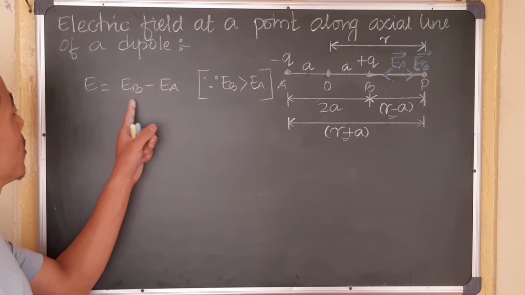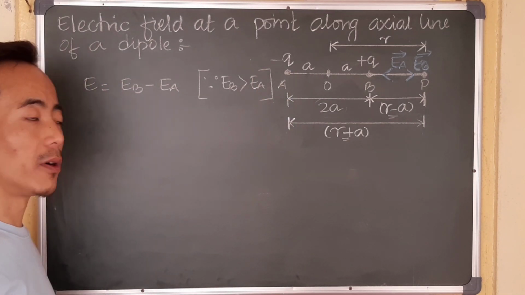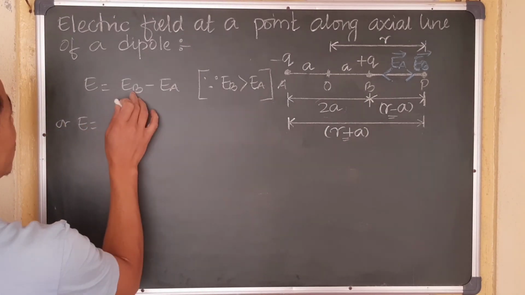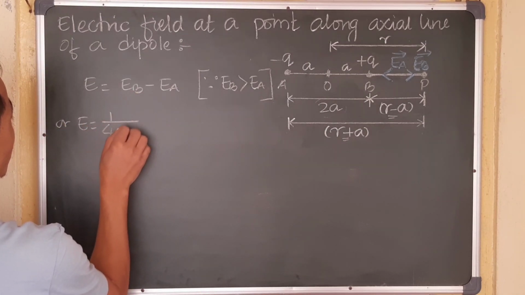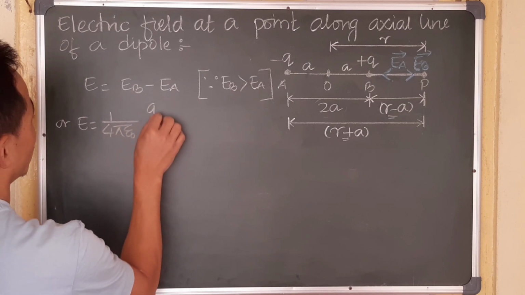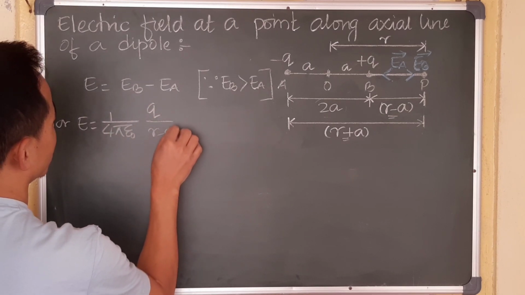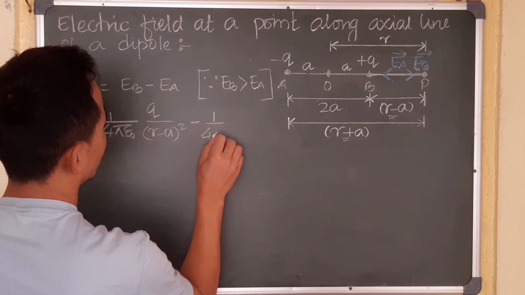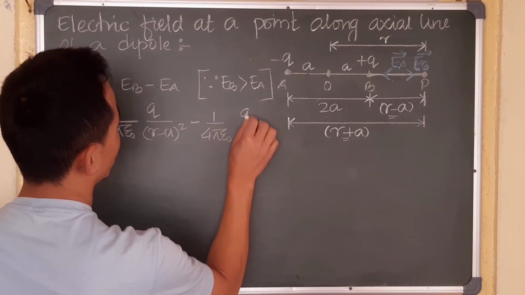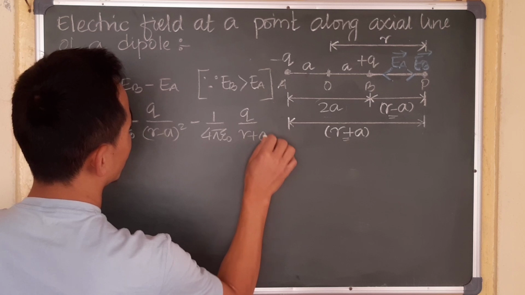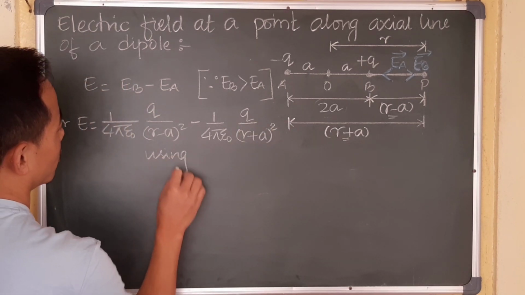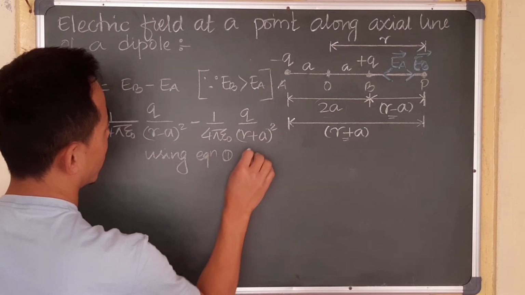Now we can replace the values of EB and EA from equations 1 and 2. So E is equal to EB, 1 by 4 pi epsilon naught Q divided by (R minus A) whole square, minus 1 by 4 pi epsilon naught Q divided by (R plus A) whole square. This we have obtained using equations 1 and 2.